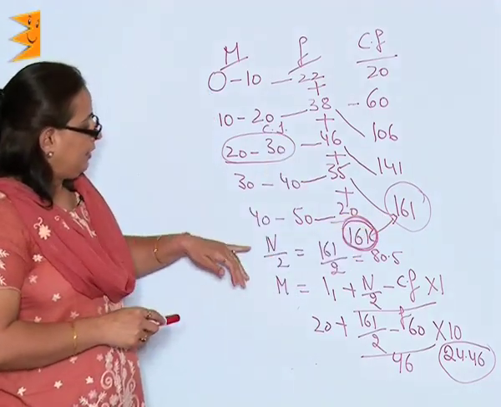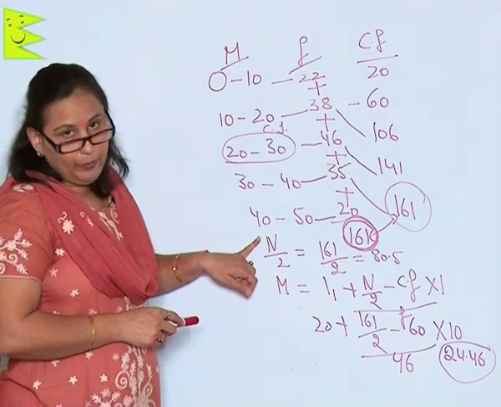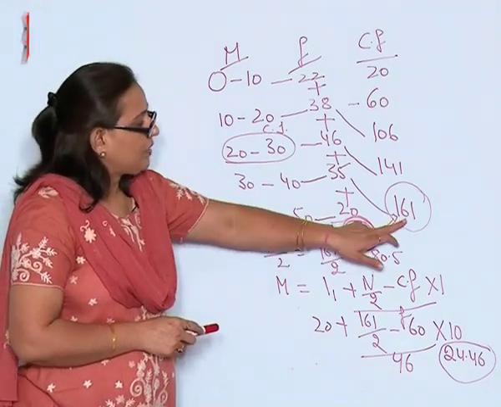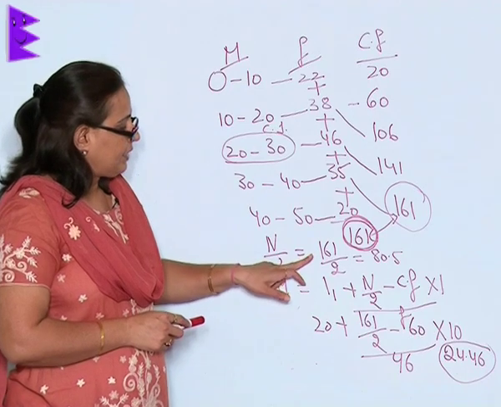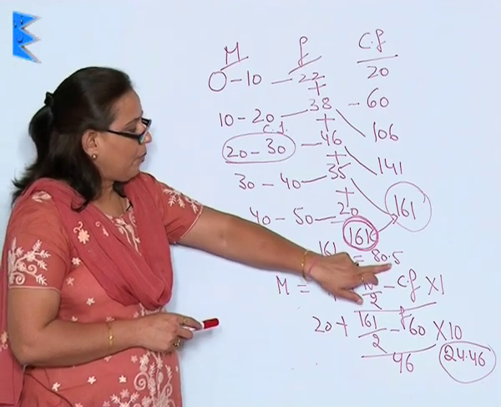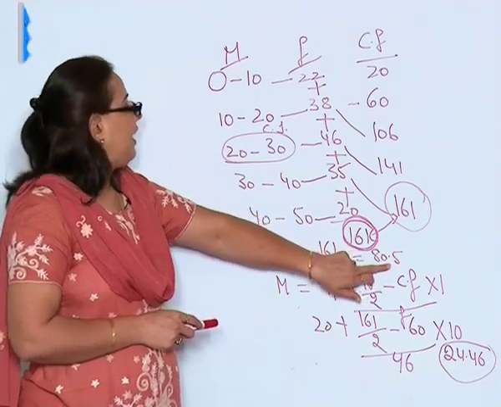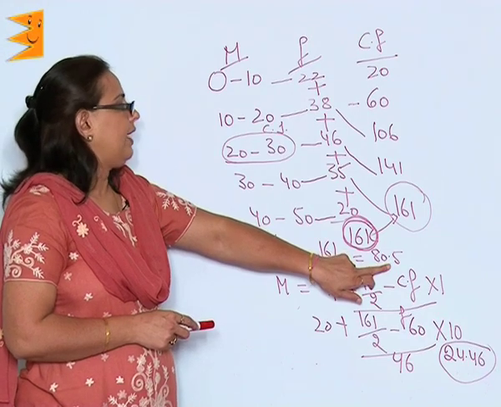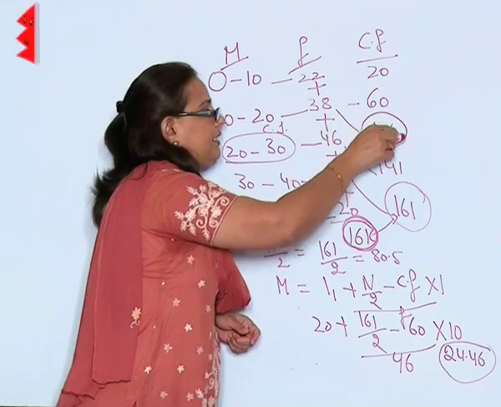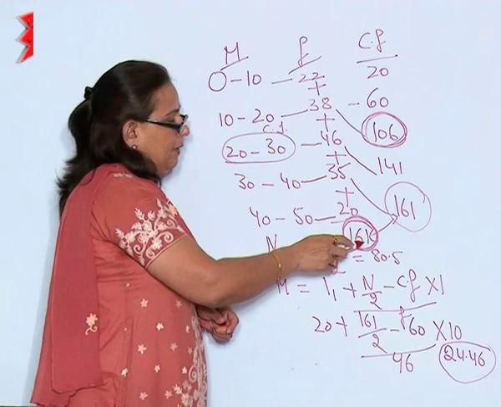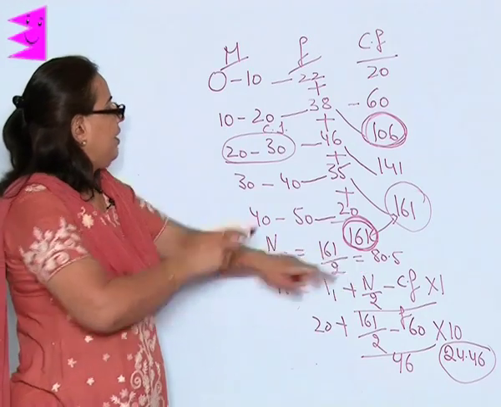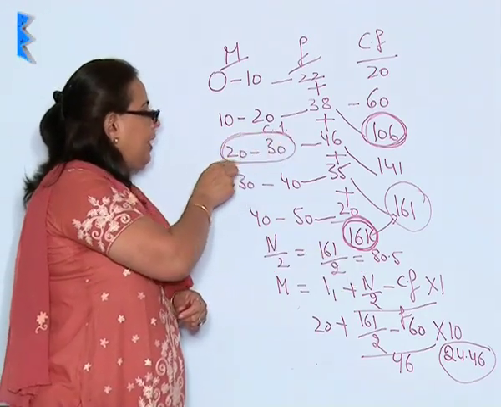Now to find the median, we take the number of observations divided by 2. The number of observations is 161, so 161 divided by 2 gives me 80.5. That means 80.5 is the median position, and I have to find it in the class interval. 80.5 lies within the cumulative frequency of 106, so the class interval that I get is 20 to 30.